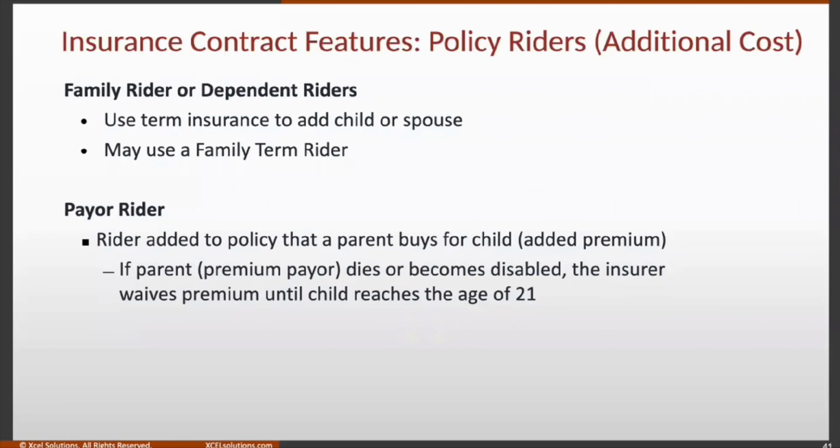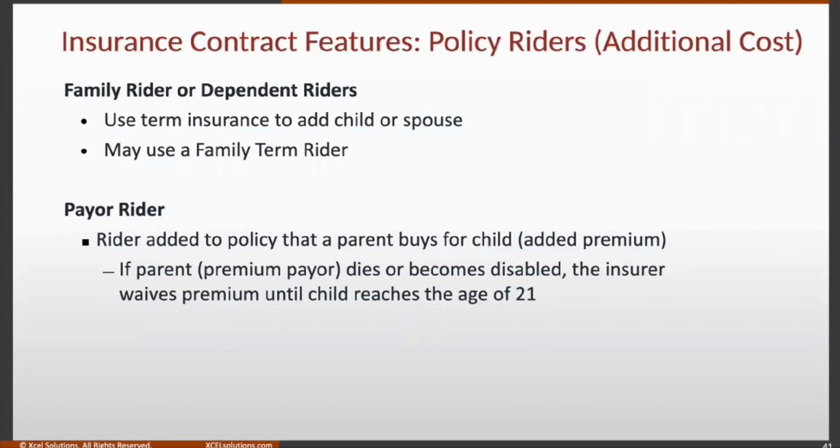So if we want everybody to be covered for the same amount, we could add just one rider to the whole life policy and call that a family rider. Or we could stipulate that we want a spousal rider on that whole life policy issued on the major breadwinner's life for a certain amount for the opposite spouse, and then a different amount for the children that are part of that family unit. So with a family rider or dependent riders, we use term insurance to add either a child's rider or a spousal rider to a whole life insurance policy issued on the major breadwinner's life.